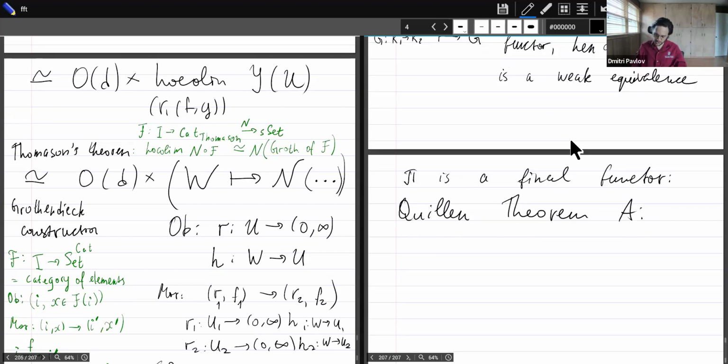Let me state it in general first. You have a functor F between two categories.